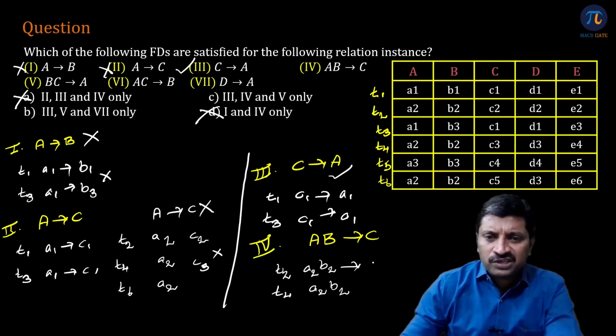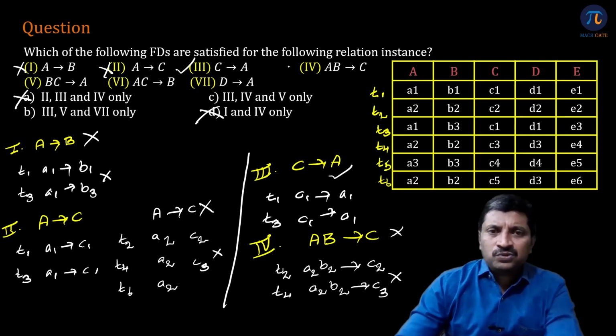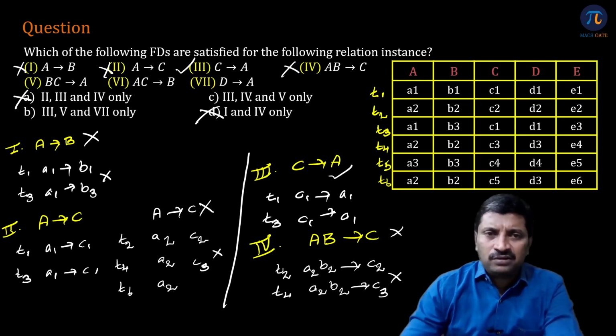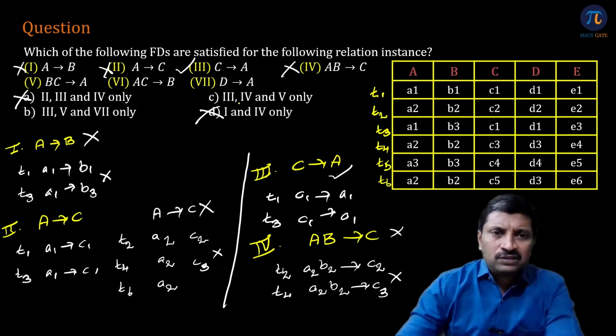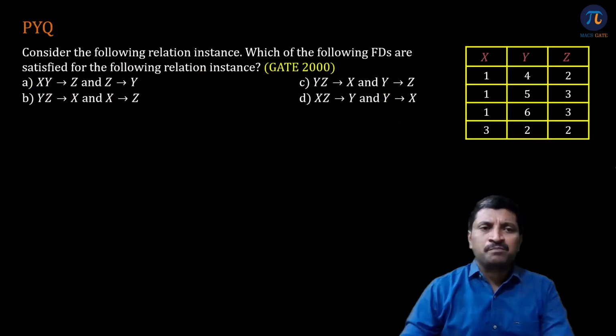What are the values of C? C2, C3. These two are not same. So this failed. So the fourth functional dependency failed. Since the fourth failed, this will not be our answer. So option B is our answer.